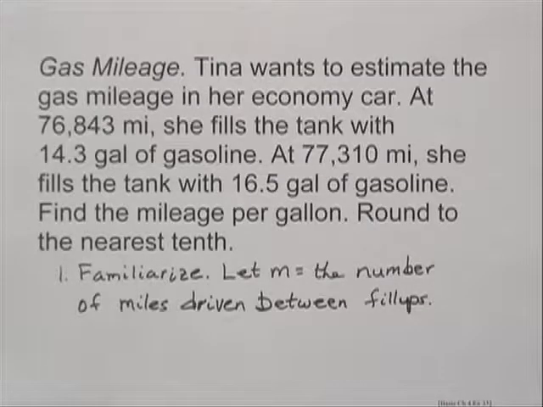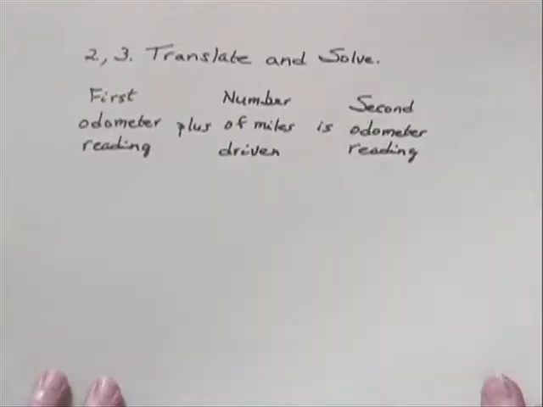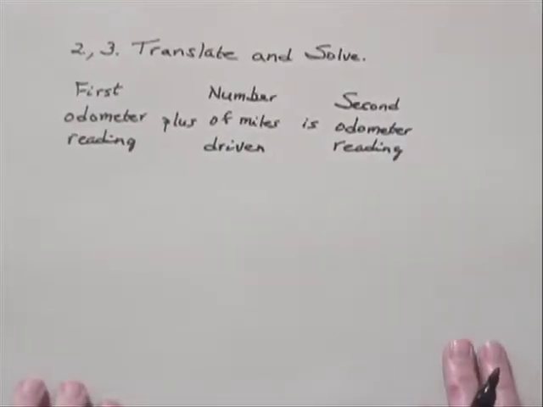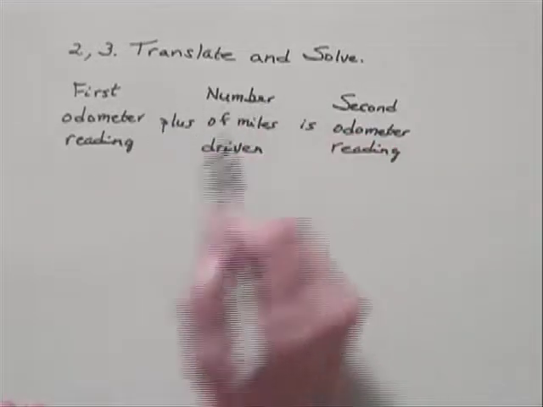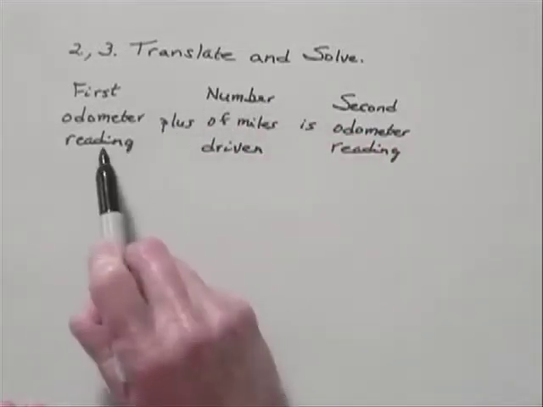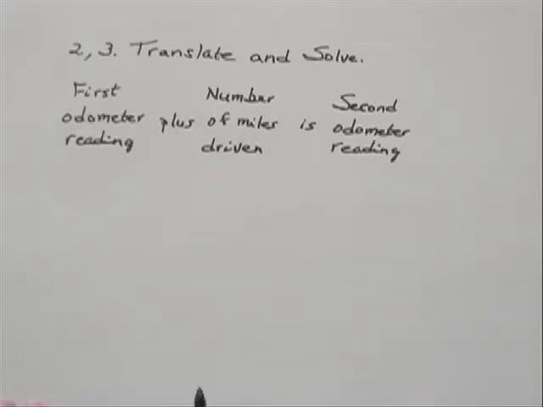Now let's translate to an equation where we find m. Because this is a two-step problem, I'm going to combine the translate and the solve steps because I'm going to have to write two equations and solve two equations. To find the number of miles driven between fill-ups, we know that number plus the first odometer reading should be the second odometer reading.